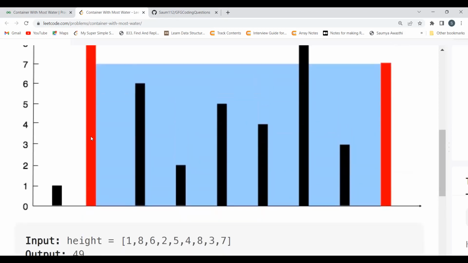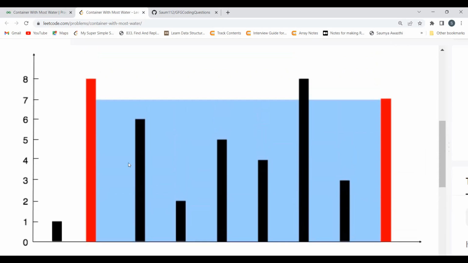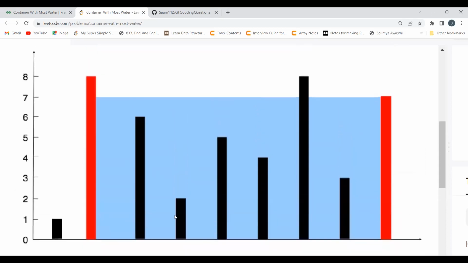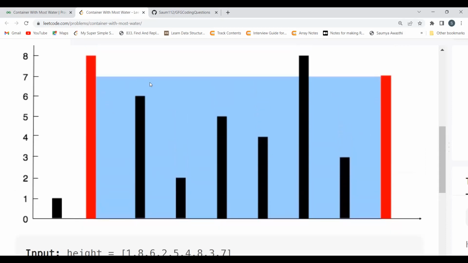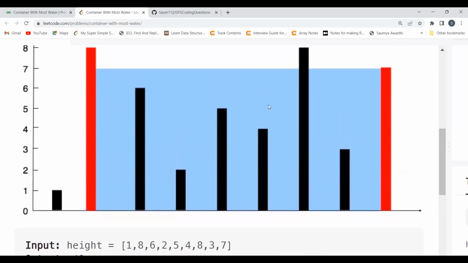How? We are taking these two vertical lines, 8 and 7. One vertical line is of height 8 and one is of 7. So how much water can it contain? It depends on the line which is of smaller length. Out of 8 and 7, obviously 7 is smaller.